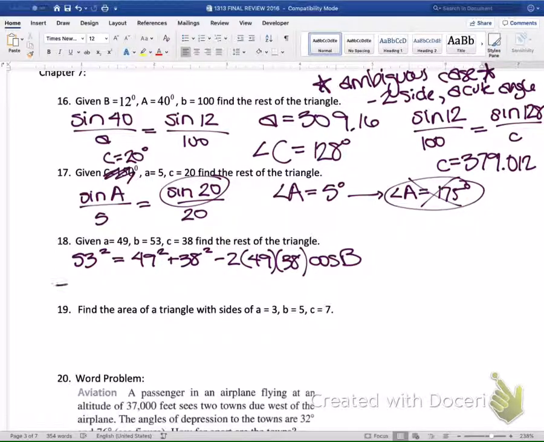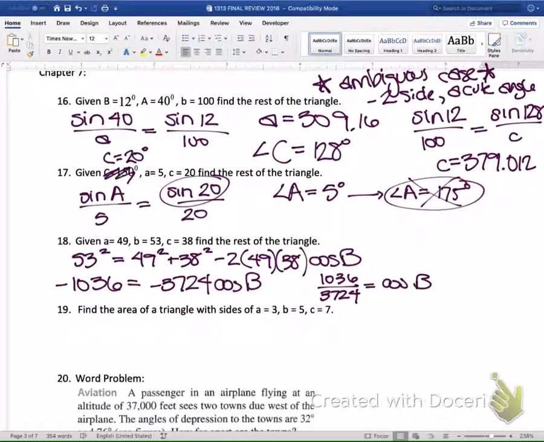This gives me negative 1,036 is equal to negative 2 times 49 times 38 gives me negative 3,724 cosine B. Then I divide. I get a lovely fraction. I don't actually know if that reduces, but it doesn't matter because I'm just going to use it to find the angle by typing in what?